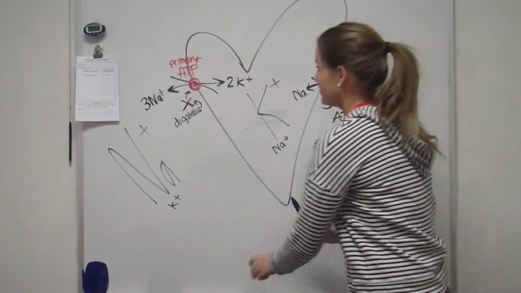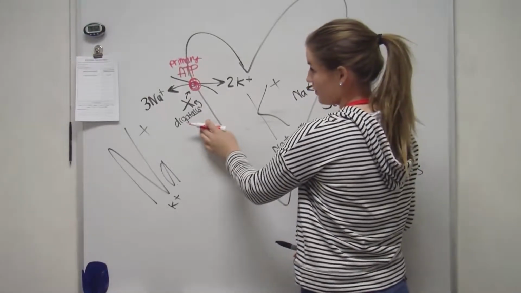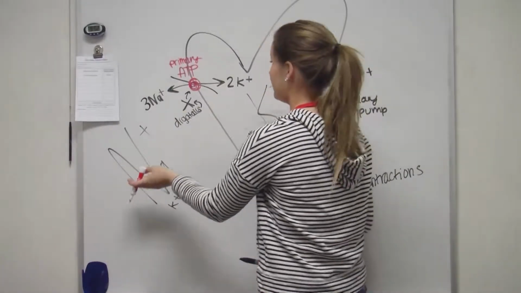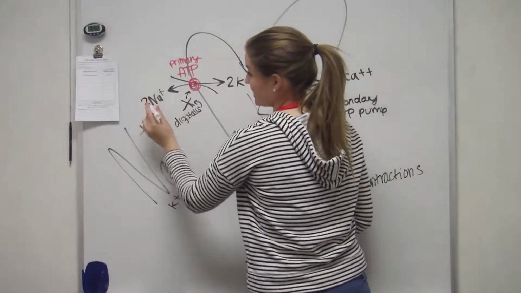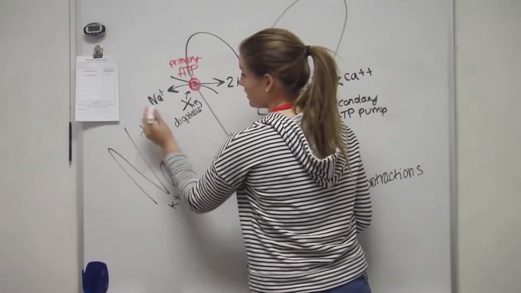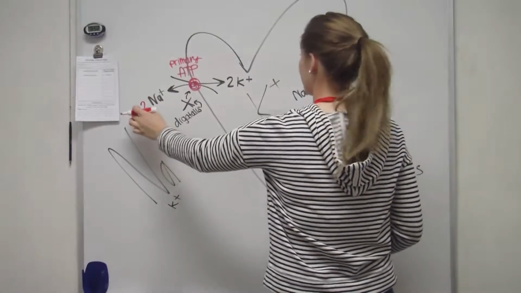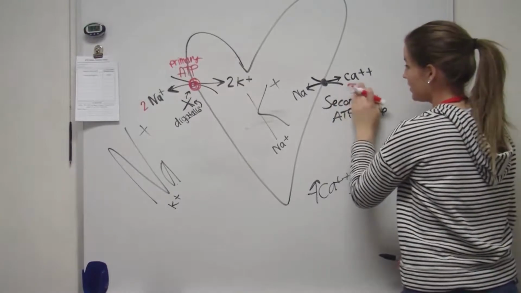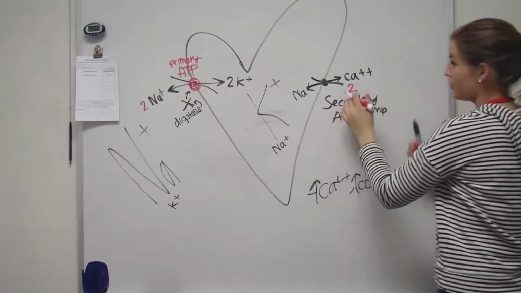If we're going to be slowing down this pump, then we're not pumping out as much Na, and we're not taking in as much K. Let's say instead of pumping out 3, it's pumping out 2. Then if this one normally has 3 Na coming in, it now only has 2 coming in, and so they're going to be equal.